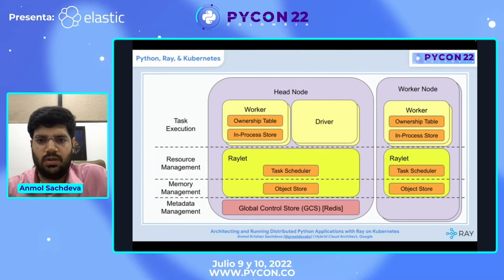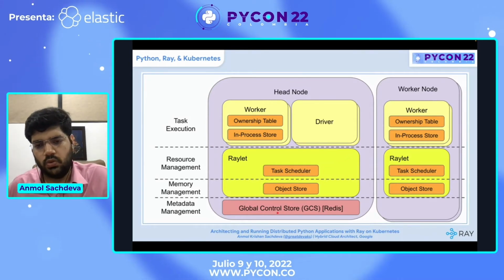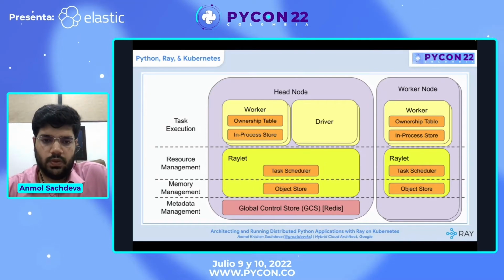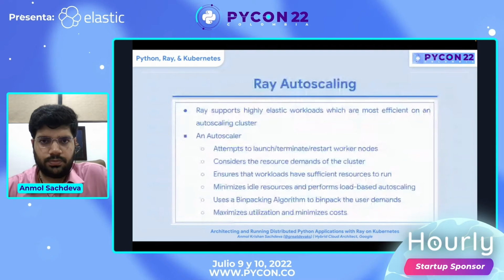The memory management aspect of the workers and related node is done by the object storage, as we saw. And then there is the metadata management layer, which also stores the cluster wide configuration, and it's a Redis implementation which we call the global control store.